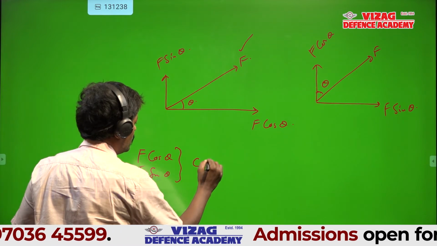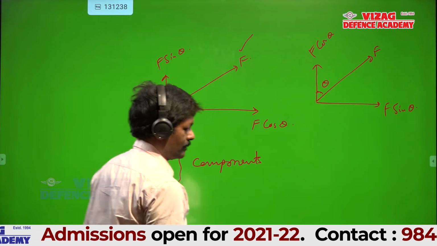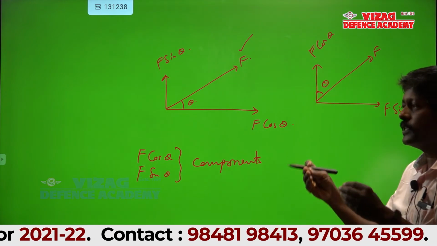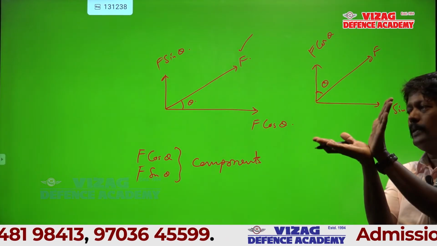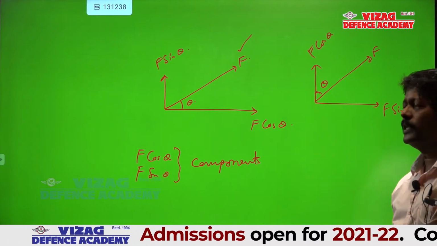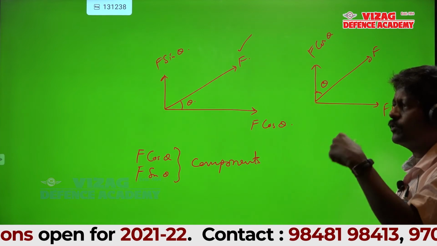These two are called the components. Components are nothing but two perpendicular parts of the original vector. Now, you may ask me, sir, why you want to split up that into components?